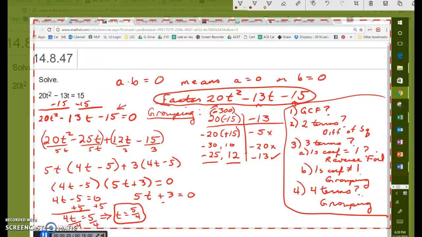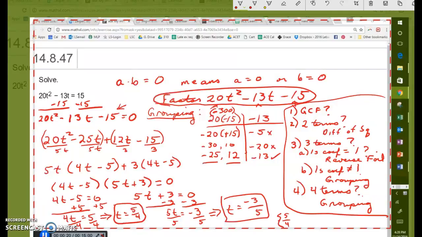And then over here we subtract 3 from both sides, and we get 5t equals -3, and then divide by 5, and we get t equals -3/5. So your solution is going to be 5/4 and -3/5.